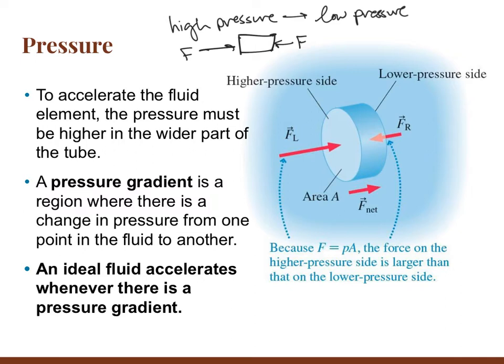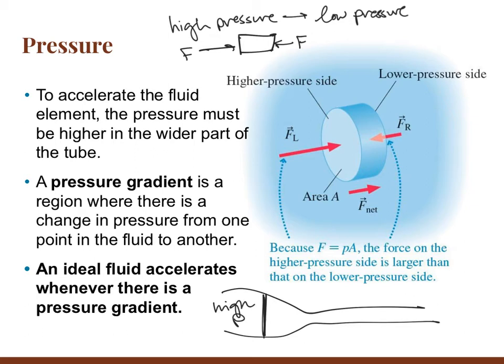So if in a system fluid is getting accelerated in a certain direction, it's getting accelerated in the direction of lower pressure. And what we're going to see exists in those sections of tube, like we were just talking about, is that a wider section is going to have a higher pressure than the narrow section, which will have a lower pressure.